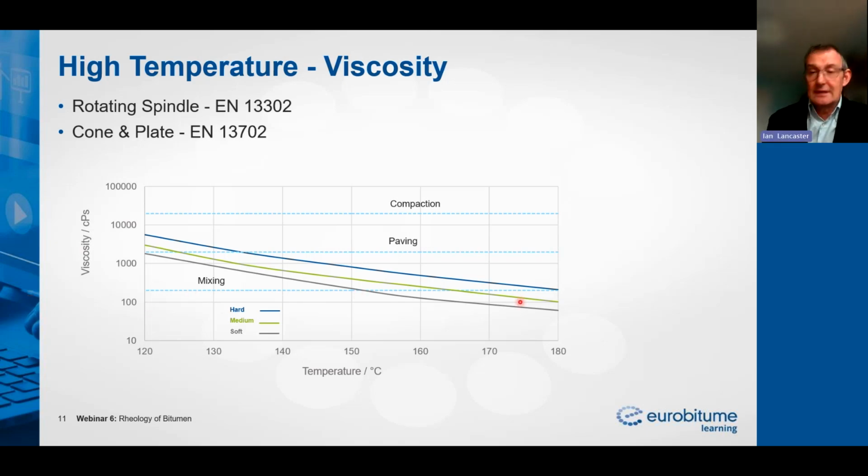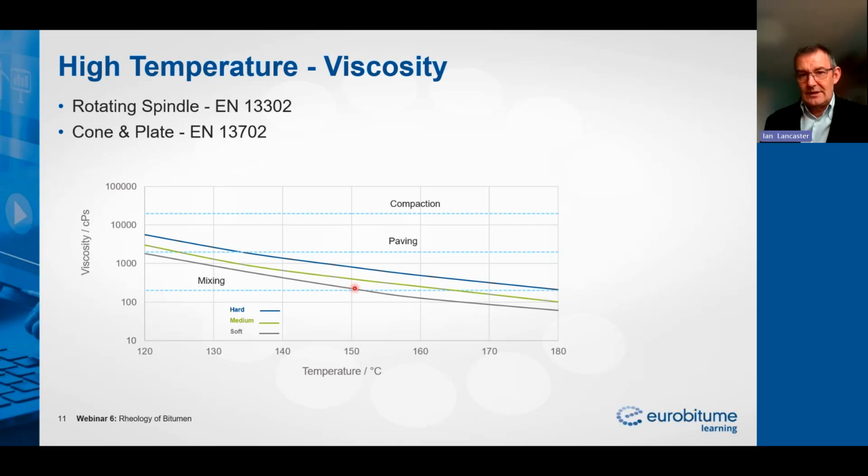We also have some dotted lines. The ideal mixing temperature is 200 centipoise or 0.2 Pascal seconds. So we can see that our soft bitumen achieves that at around about 150 degrees, our medium bitumen about 170, and the hard bitumen at 180.